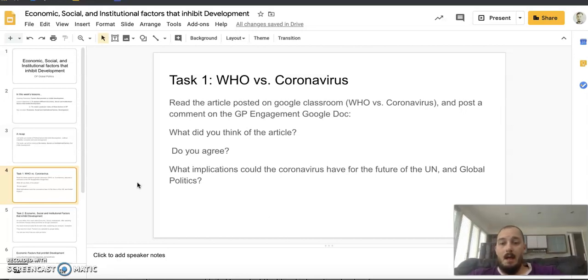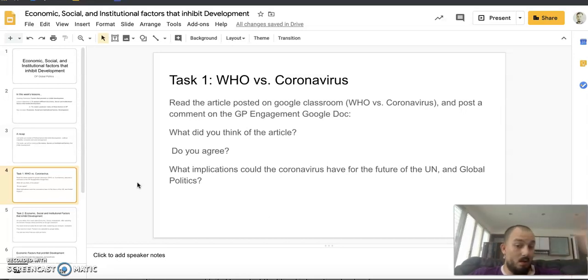And if what the article is saying is true, what implications could what's happened with the coronavirus have for the future of the United Nations, the future of the WHO, and how does that affect global politics? How might the world order after this pandemic is over be different? So that's the first thing: read it, and post something meaningful on our engagement doc.